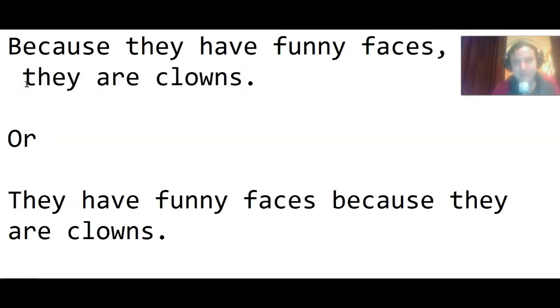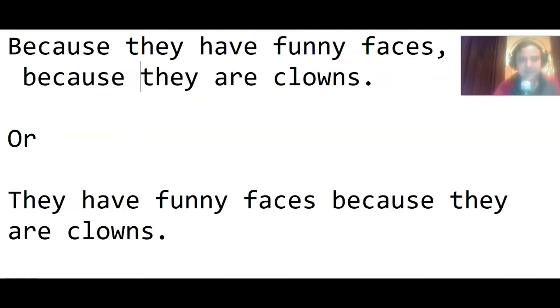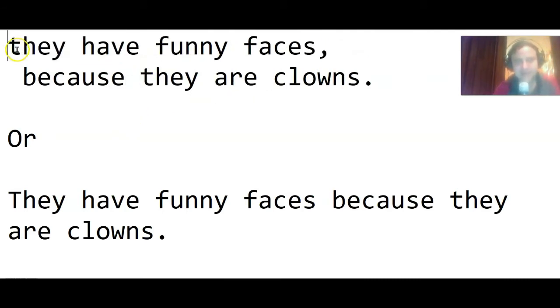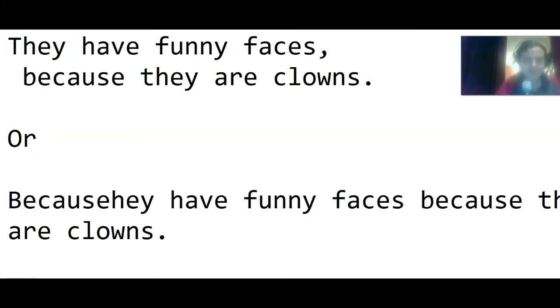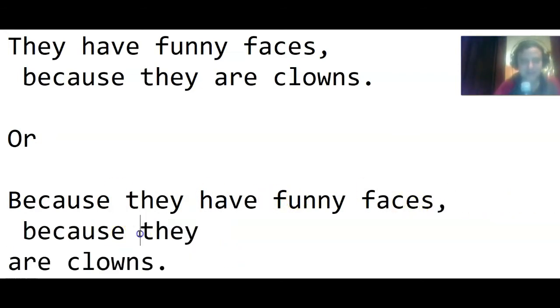Now, if we make they are clowns dependent by adding a because, then we have to erase the because here to make the first clause independent. As I said before, any sentence must have at least one independent clause. Because they have funny faces, they are clowns.